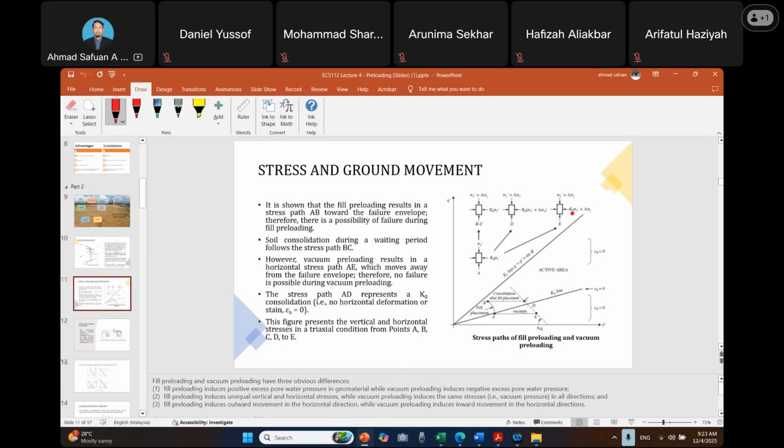This means that the increment of the lateral stress is less compared to D.